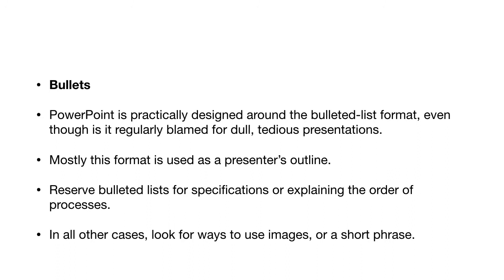As I said in the beginning, if you can turn your content into an image, do it. Or turn it into a short phrase, do it. But if not, use bullets. It's also okay, but only remember the 5 rules, not more than 5. That would be fine.